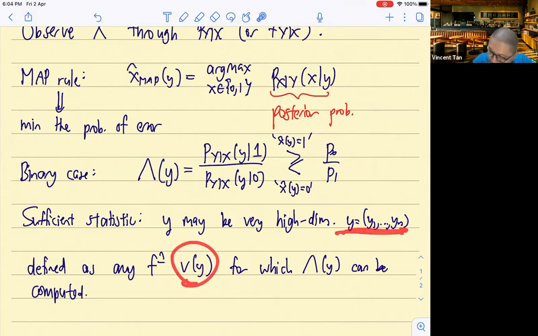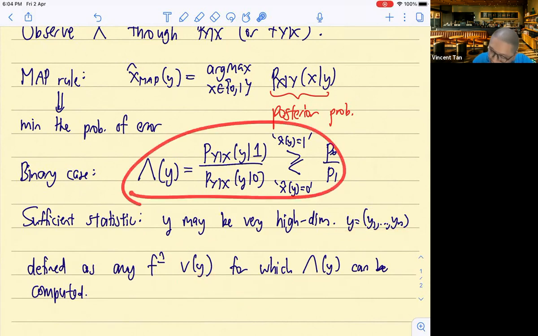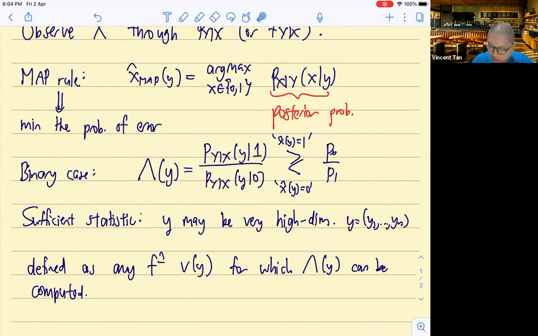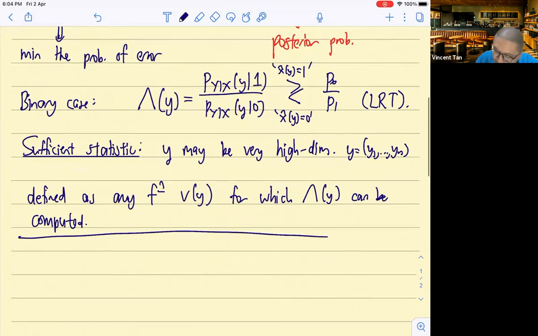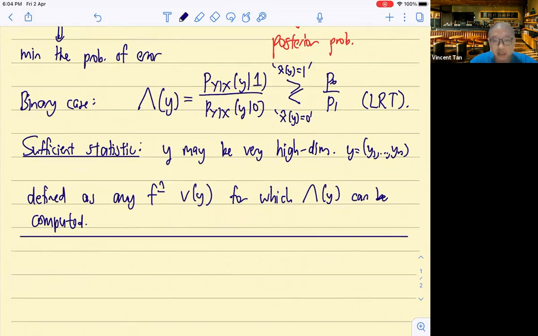This is a reduction, but based on this reduction, we don't lose any information because we can still conduct our likelihood ratio test. This is called the LRT, or the likelihood ratio test. That's what we talked about last time, and we saw several different definitions of sufficient statistic that I will not repeat here.